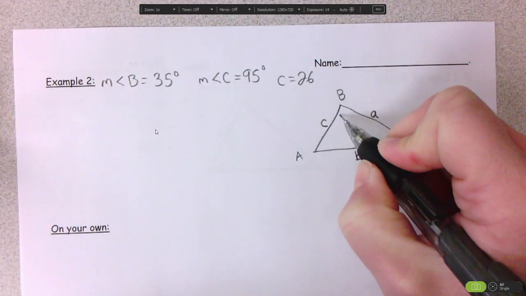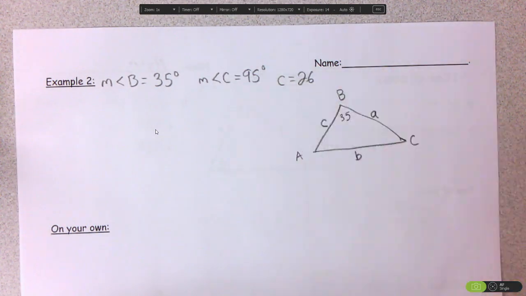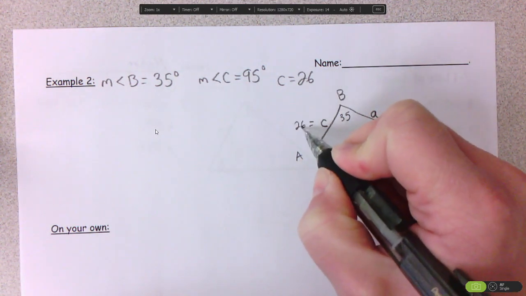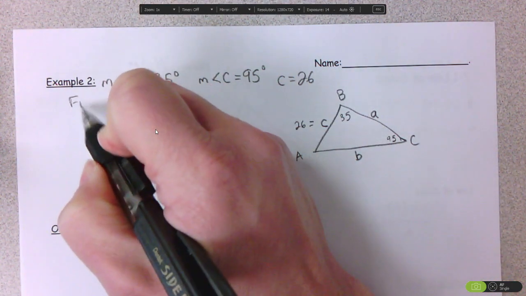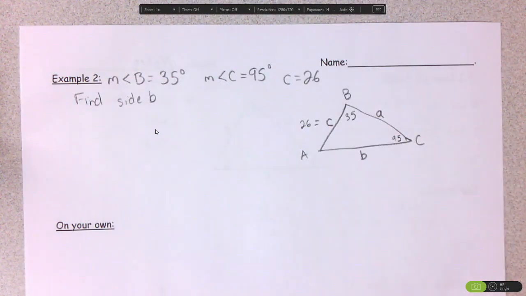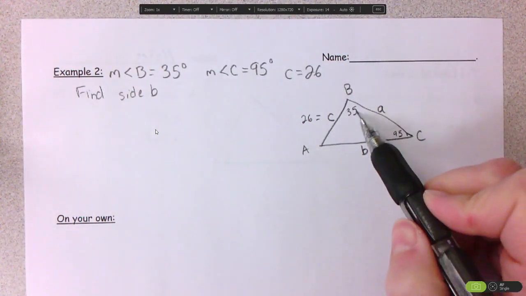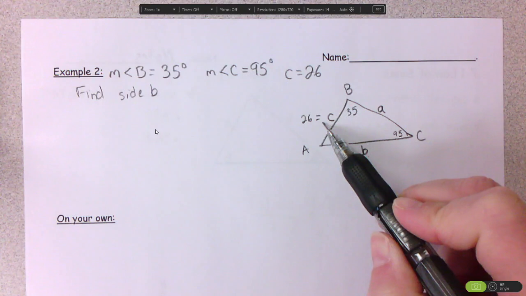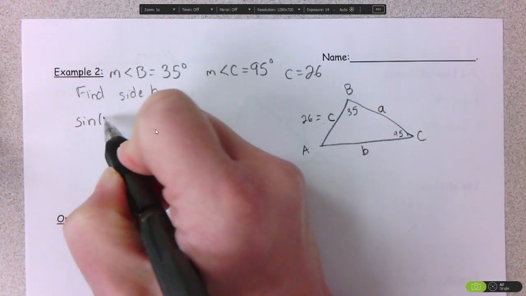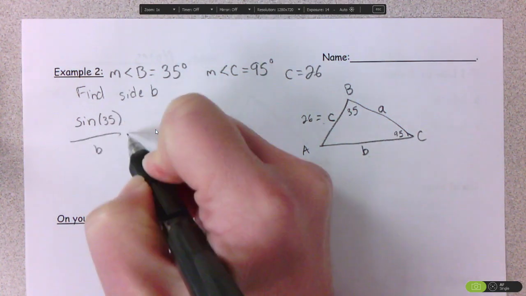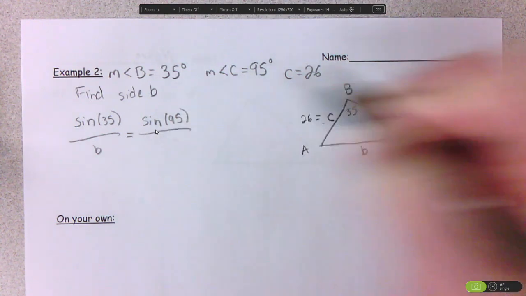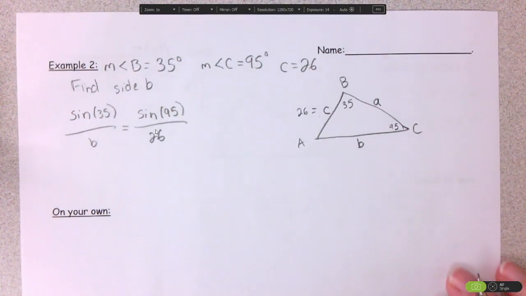So angle B is 35, C is 95, and side C is 26, and I would like to find side B. I have angle B, I need side B, I have angle C and side C, so we have all the information we need, I just need to set it up. So sine of 35 over B, because that's what I'm looking for, equals sine of 95 over 26.